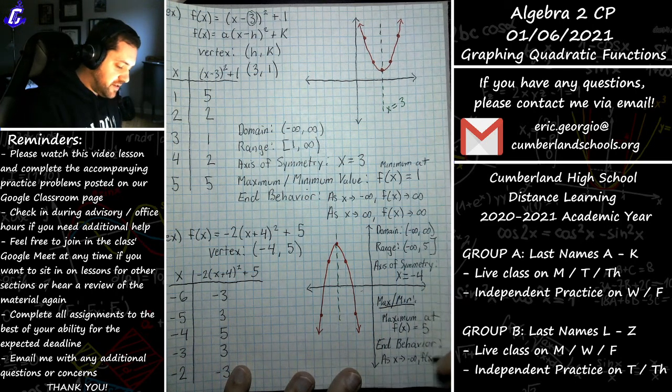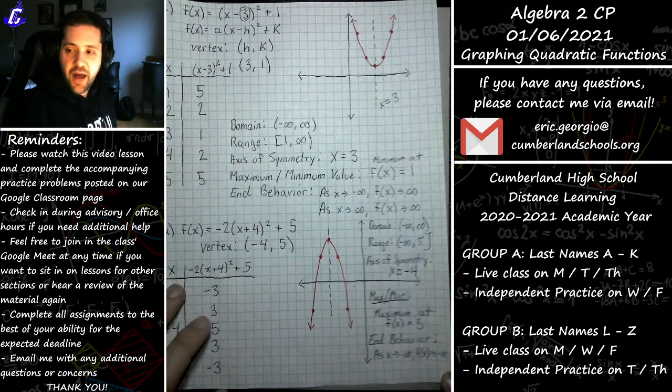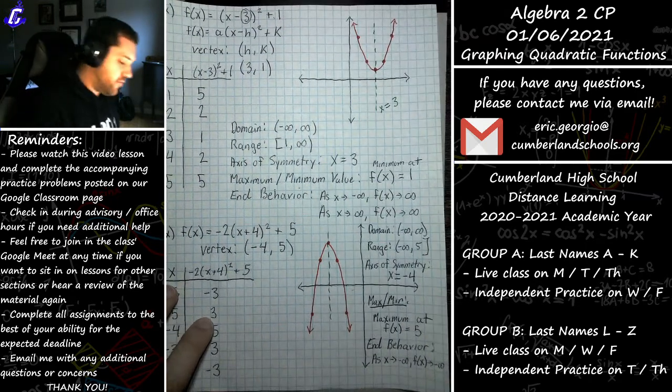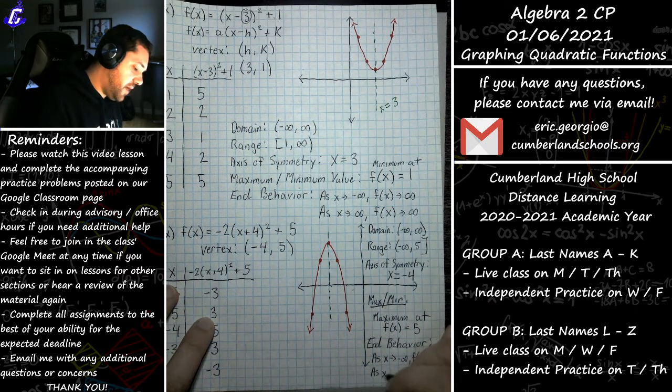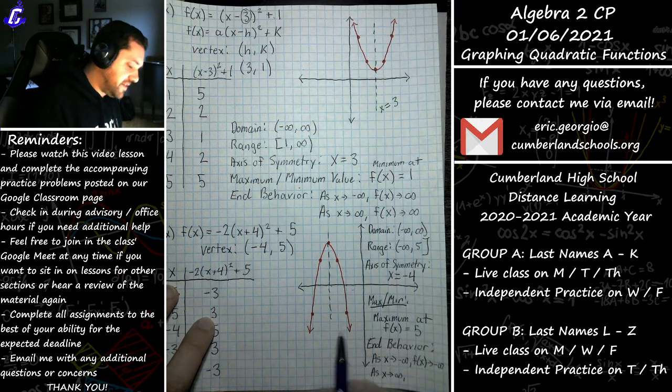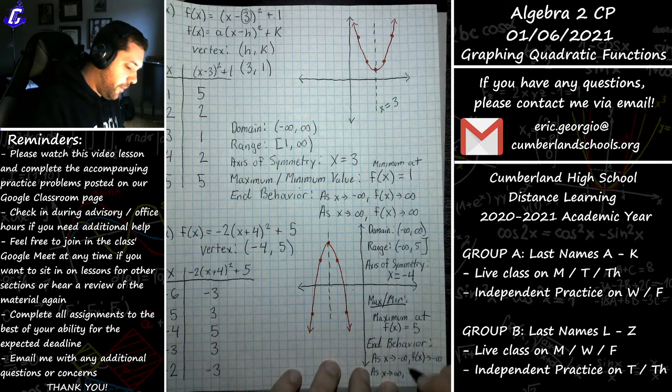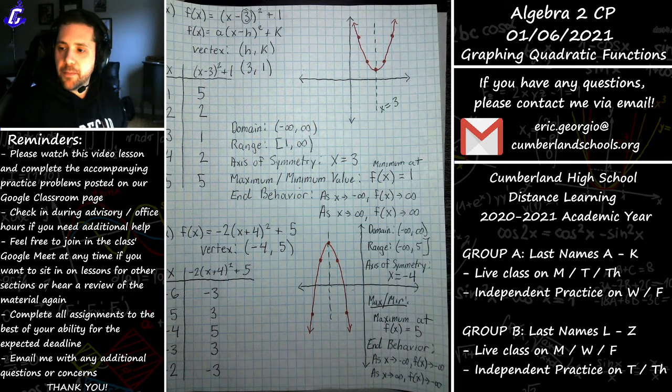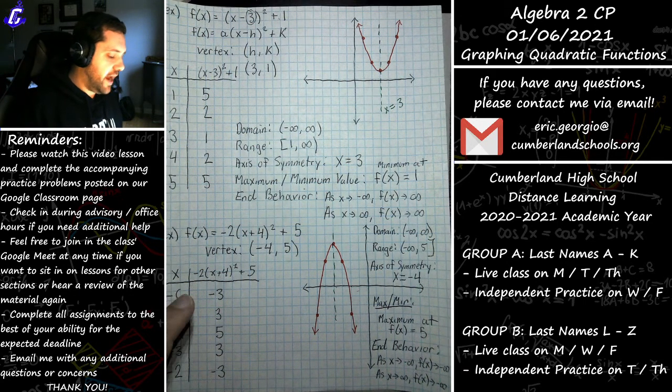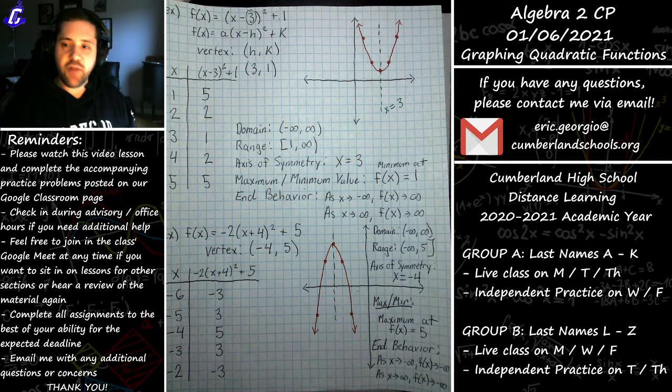It's also expected to decrease because there's a downwards facing arrow on that left-hand side. On the right-hand side, as x approaches positive infinity, the graph is also going down. There's a downwards facing arrow. F of x approaches negative infinity.